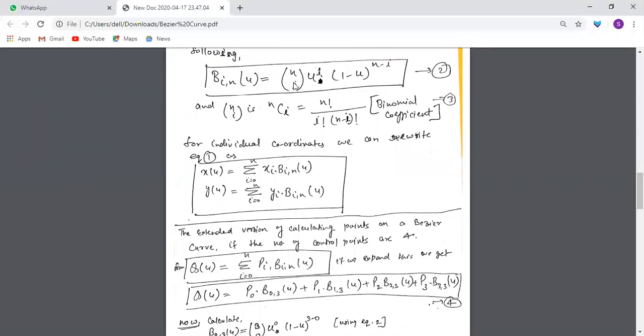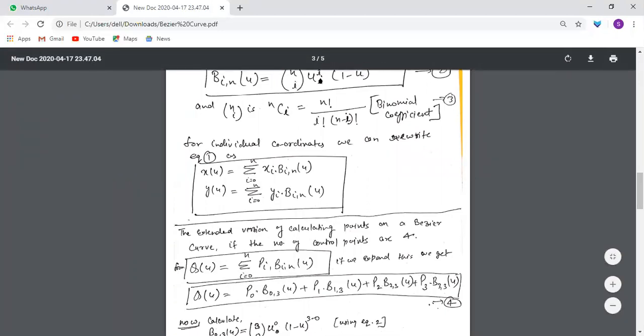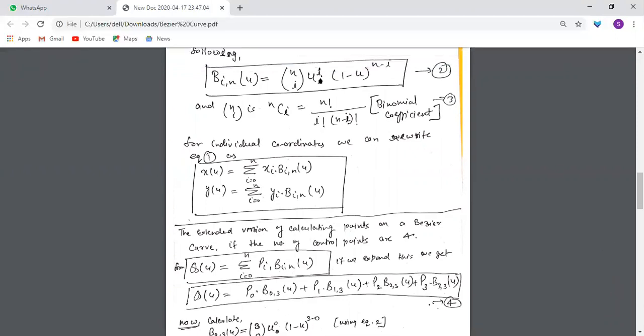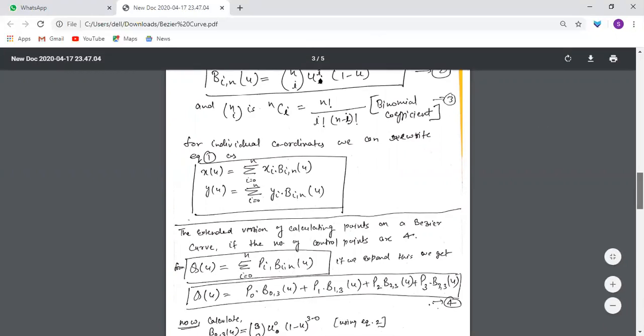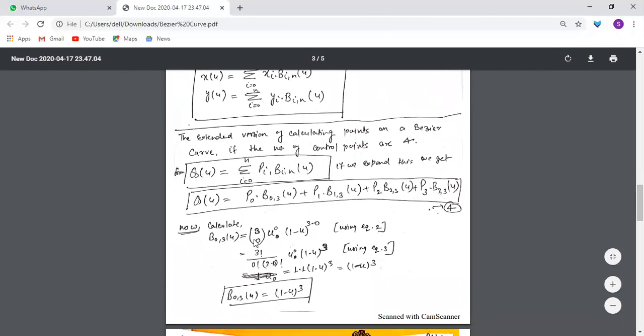We are simply replacing the values of i and n in equation 2. So we'll get this equation. For b0,3, using equation 2 we reach this part, and using equation 3 we reach this part.